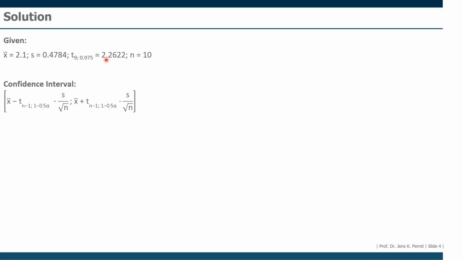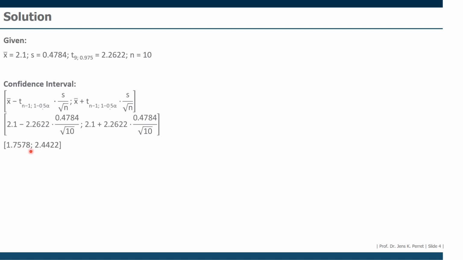So we simply have to take these values, plug them into this formula for the confidence interval, and we will get as a final result 1.7578 and 2.4422.